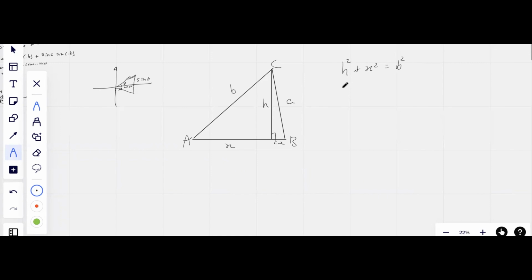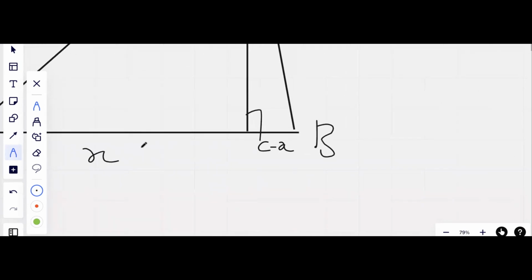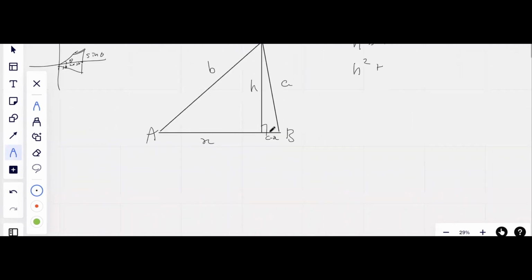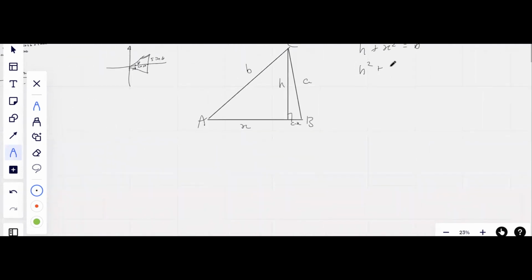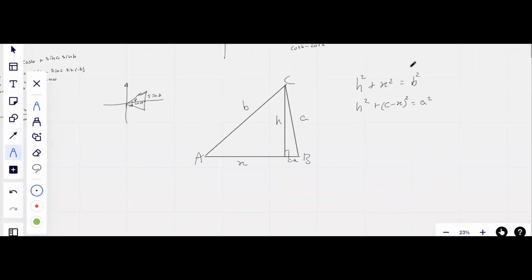We also find that h squared plus, this is c below, because this entire side is c and this is c minus x, so we write plus c minus x squared is equal to a squared.